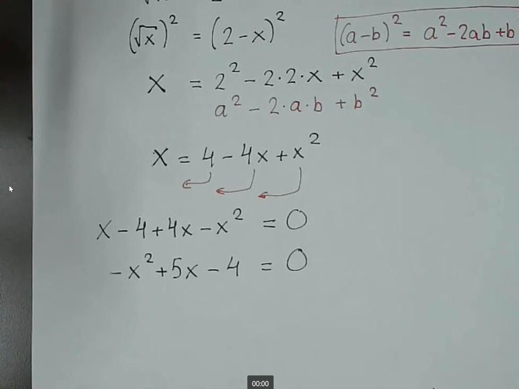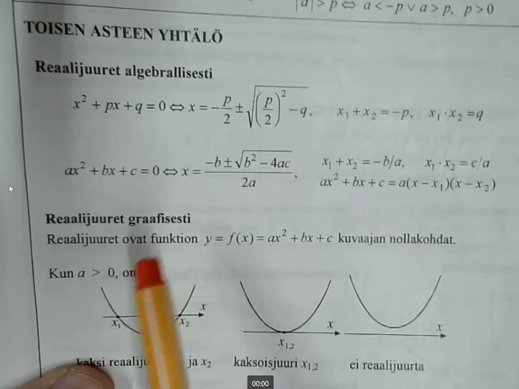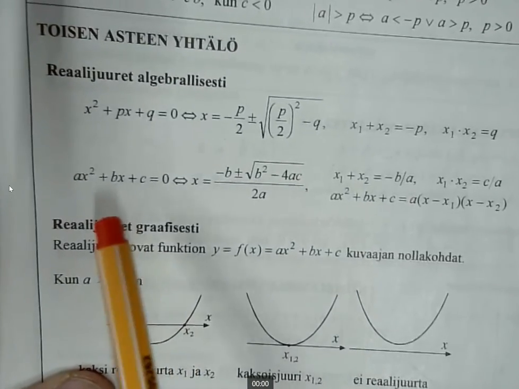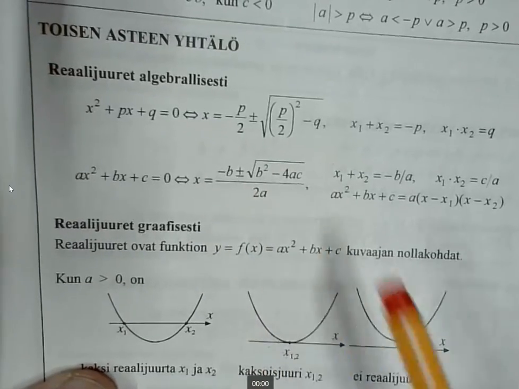And now we have the second order equation or quadratic equation, and we will use the solution formula for this. I will show it from my book here. This we used earlier during this autumn, and this is the solution.